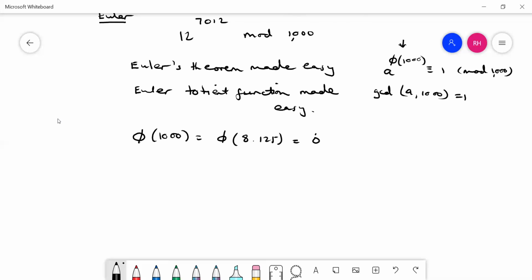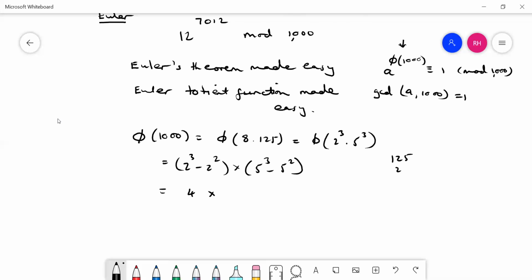And I've done that because they're prime powers, 2 cubed times 5 cubed. And I know the formula for this. It's 2 cubed minus 2 squared times 5 cubed minus 5 squared. This is all included in my video. So this is 8 minus 4 is 4 times 125 minus 25 is 100. So it equals 400.